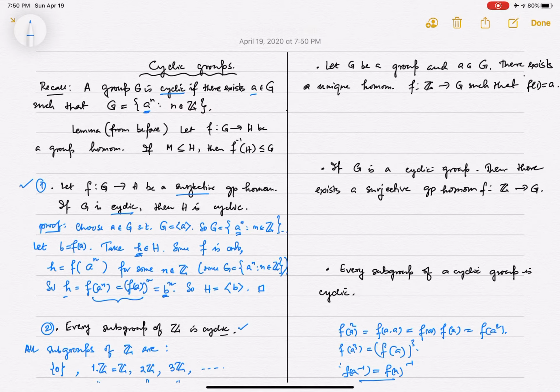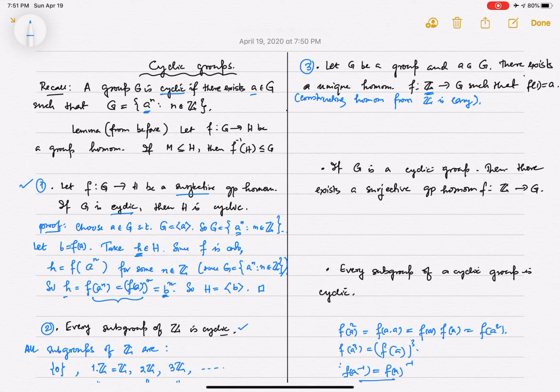Three is not a fact about cyclic groups. This is about constructing homomorphisms from Z. And this is basically saying that constructing a homomorphism from Z is easy. That's how I want you to remember it. Constructing a homomorphism from Z is easy.